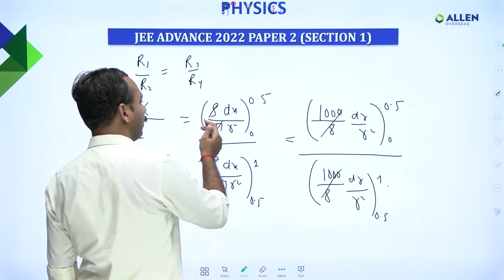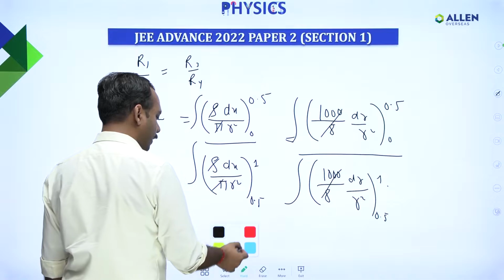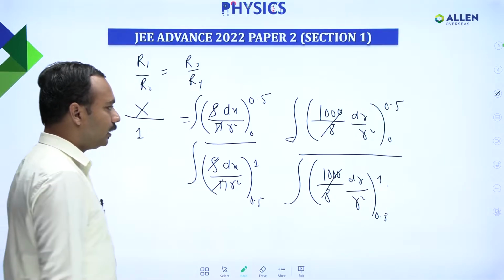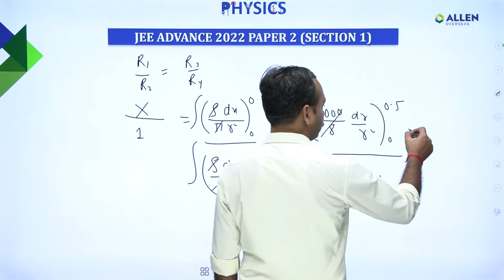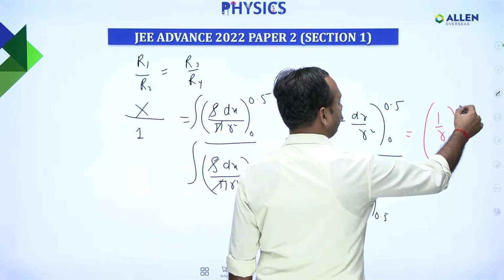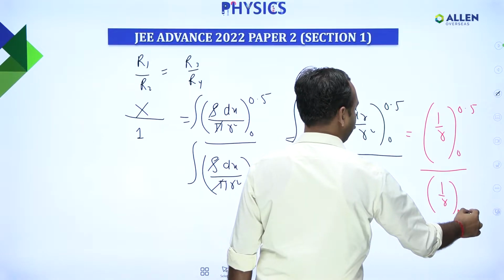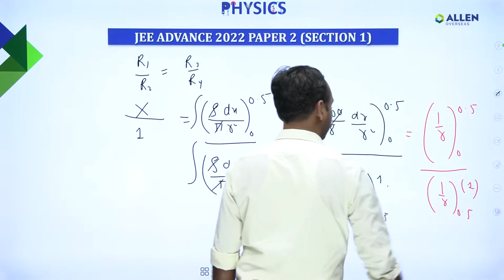And we want the total, so there will be integration of both sides. Do the integration of both sides, people. 1 by r square integrates to minus 1 by r, and the minuses cancel. So this will be 1 by r from 0 to 0.5, and that will be 1 by r from 0.5 to 1.